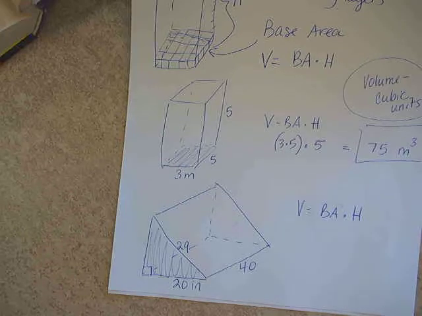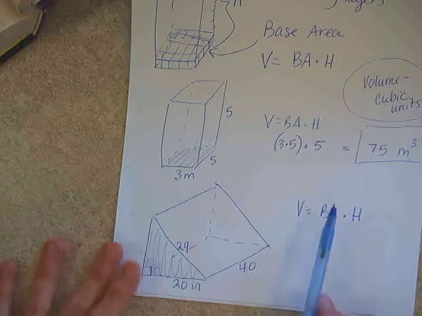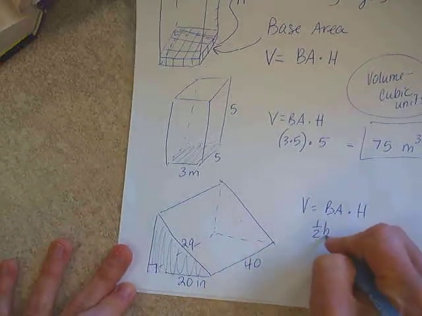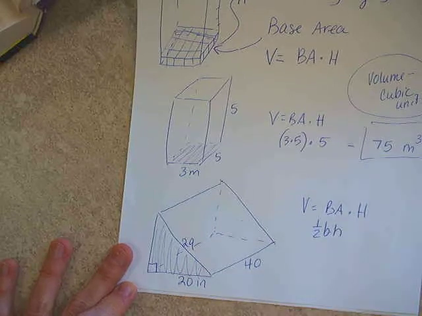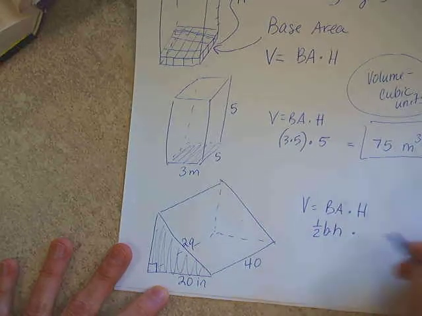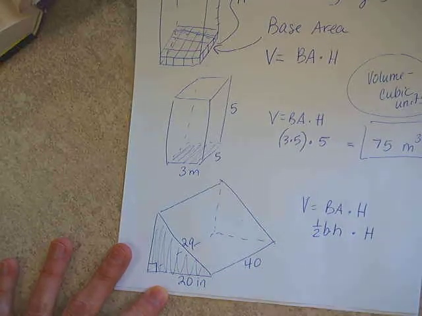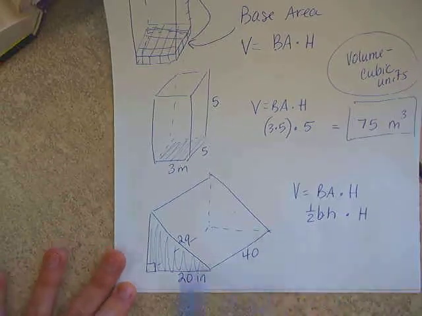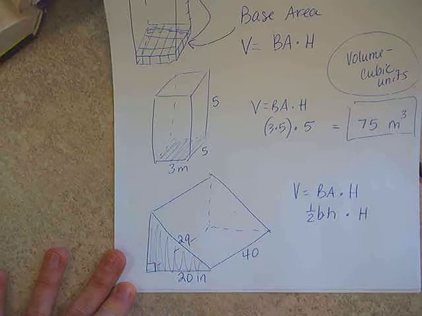If it's a circle, in the case of a cylinder, we use the area of a circle. So it's kind of nice. We don't really have to designate that much between the prisms and the cylinders because you just put in the correct area of the base. So in this case, our base being a triangle, we need 1/2 the base and the height of the triangle times the height of the prism.